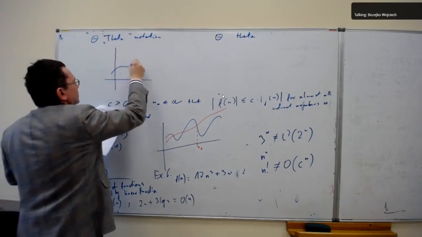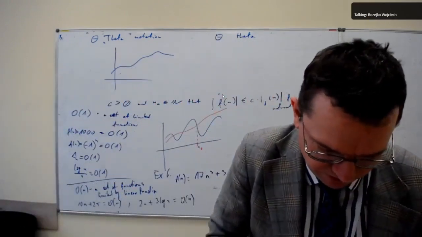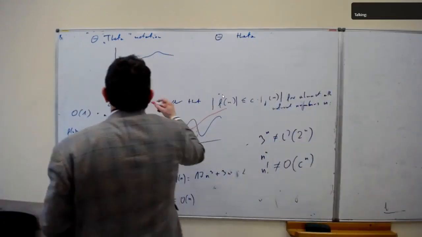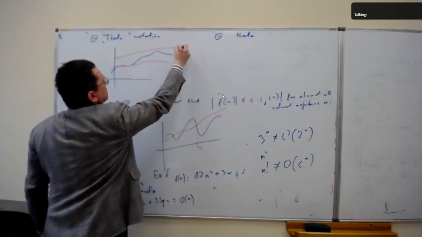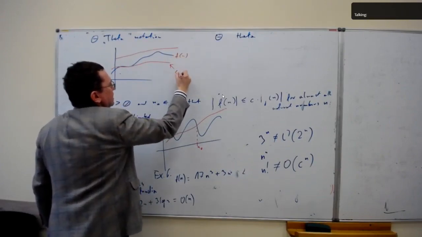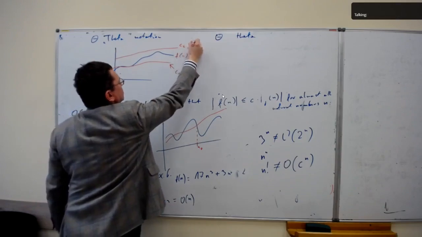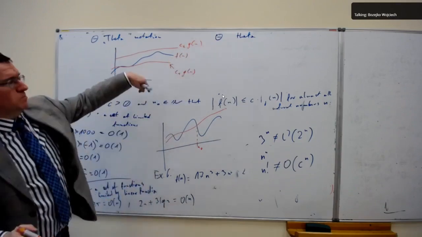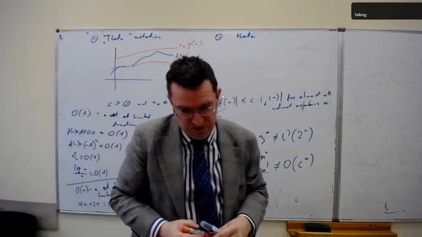So here is the function which we are observing, and we have two constants, and from some place, this is our f of n. Here we have C1 times g of n. This is C2 times g of n, and f is between them in such a tunnel.